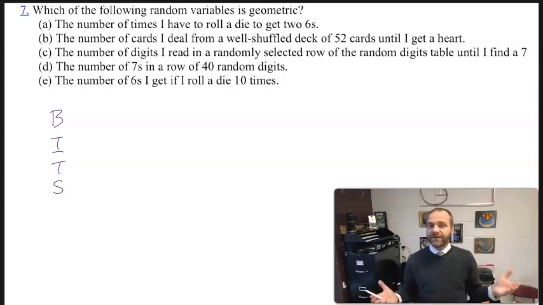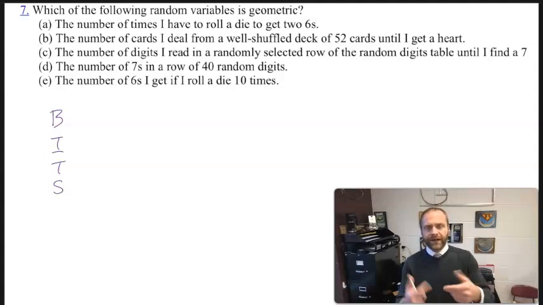So maybe it's geometric, but something is different about this one. I roll a die to get 2 6s. So think about that. If I'm rolling a die and I get a 6, I can proceed to roll the die again to try and get that second 6. If I roll a die and don't get a 6, I have to keep going until I do.